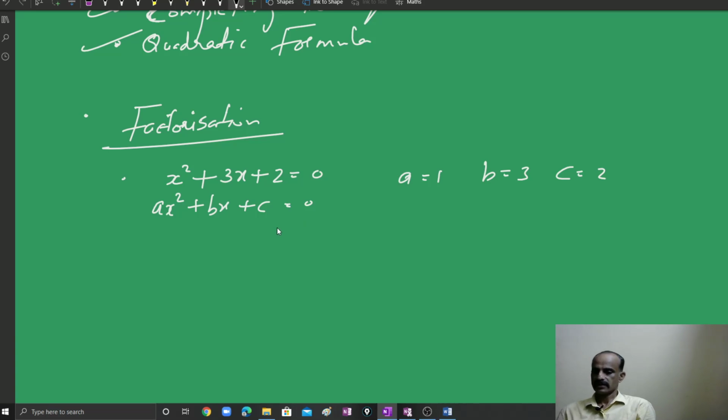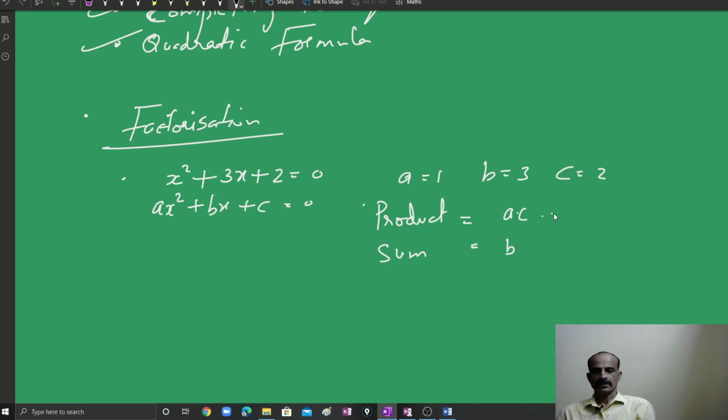So, the same method as factorization of quadratic polynomials from last year. Do you remember it now? What was that? We used 2 words: one was product, and the other one is sum. Product is nothing but a into c, and sum is the middle term value b.